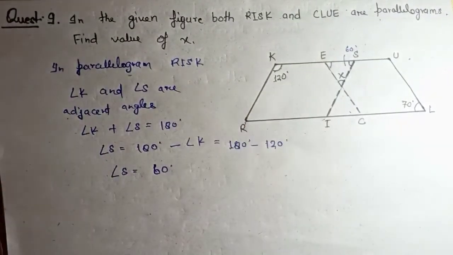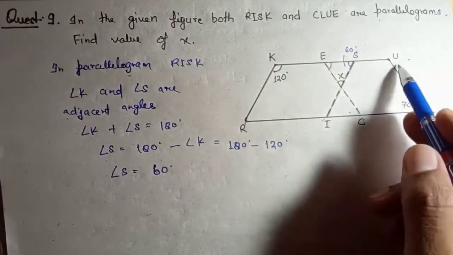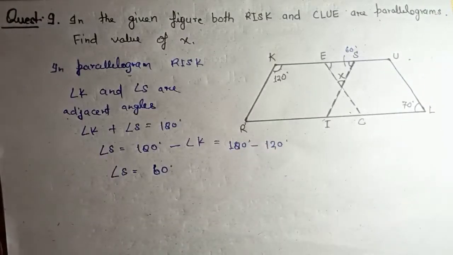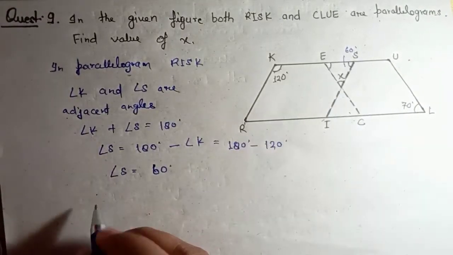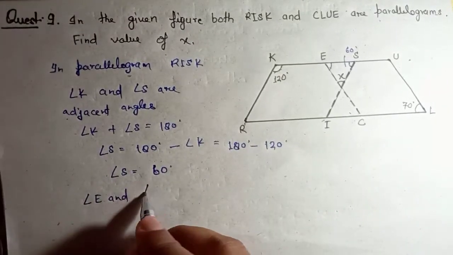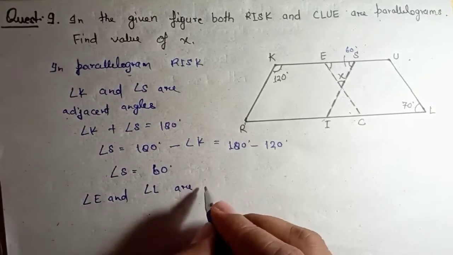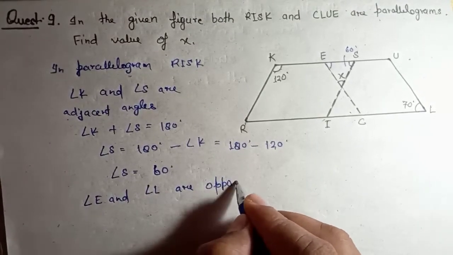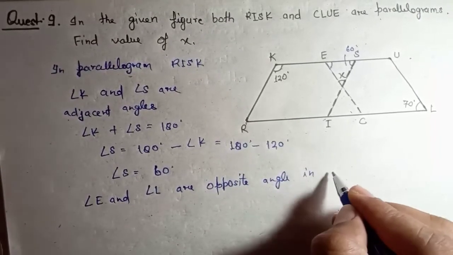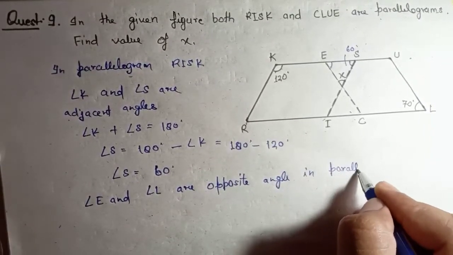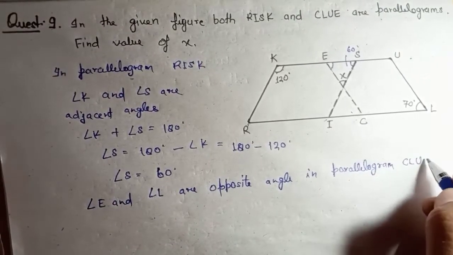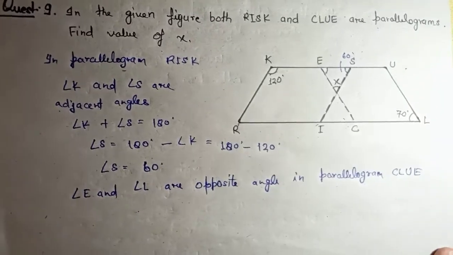Now find the value of E, and that value you can get from the second parallelogram, which is not a normal quadrilateral. Now angle E and angle L are opposite angles in parallelogram CLUE.